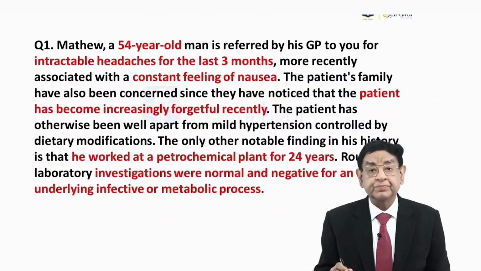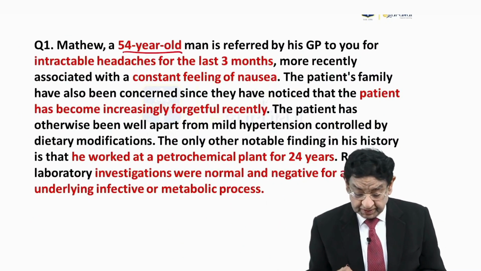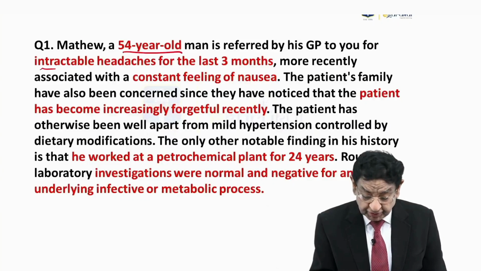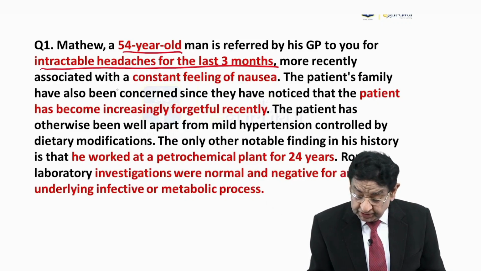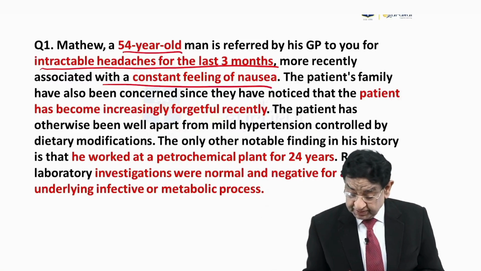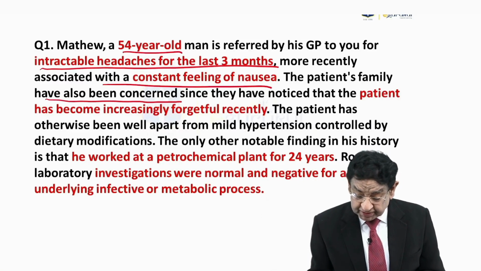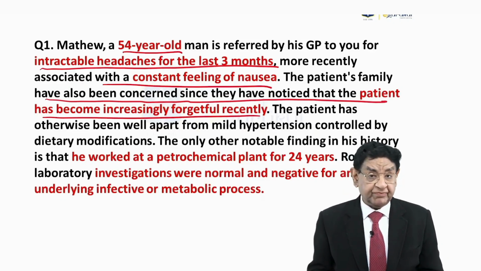We have a 54-year-old man who has been referred to you for intractable headache for the last 3 months, with a constant feeling of nausea recently. The patient's family have also been concerned, as they have noticed that he has become increasingly forgetful.